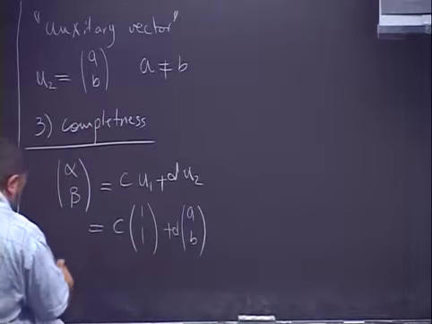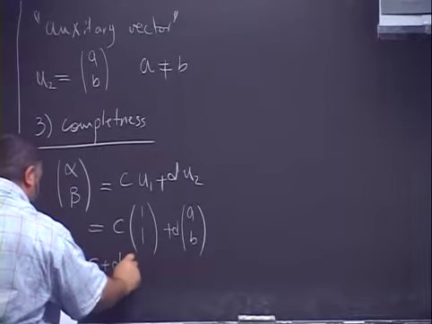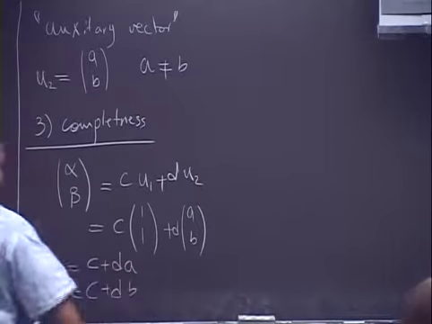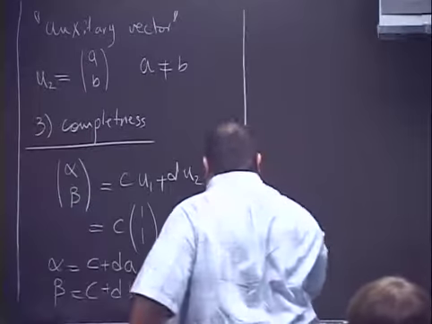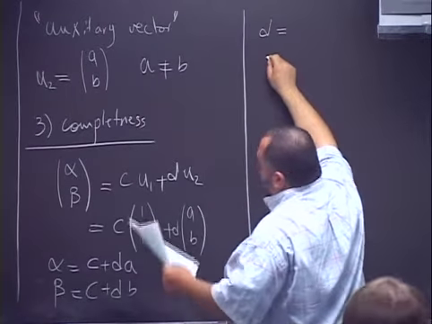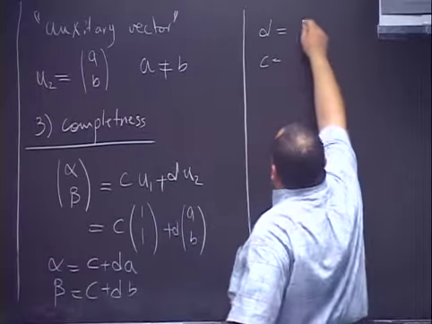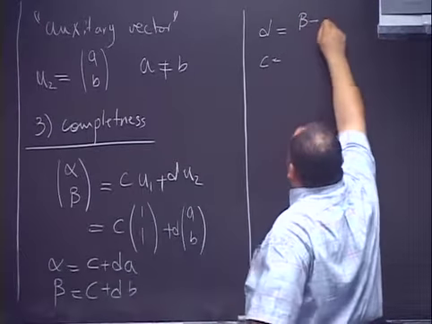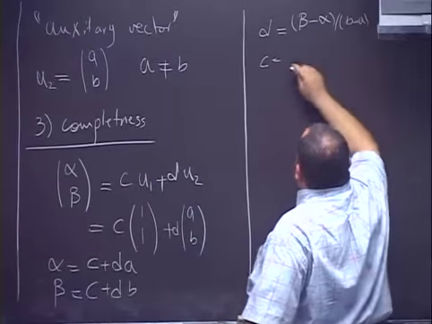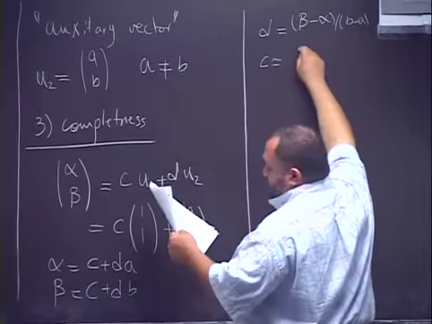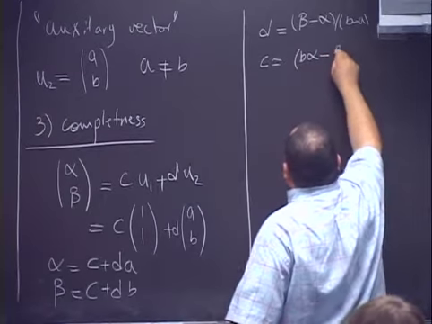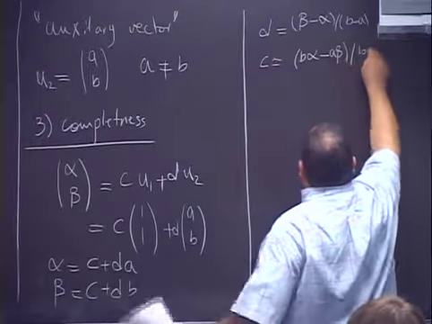Then you can get alpha equal to C plus dA, and beta equal to C plus dB. And again, you will be able to do exactly like last time. You will figure out the values for D and C. D is (beta minus alpha) divided by (B minus A). And C is (B alpha minus beta A) divided by (B minus A).